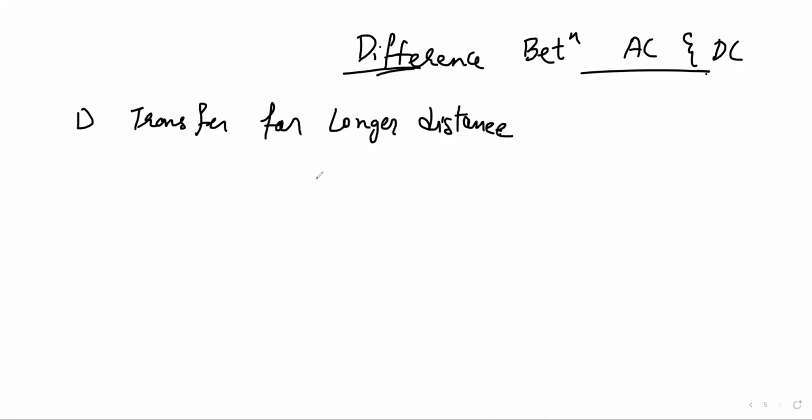But DC current, sorry, AC is for transfer over longer distance, even between two cities.